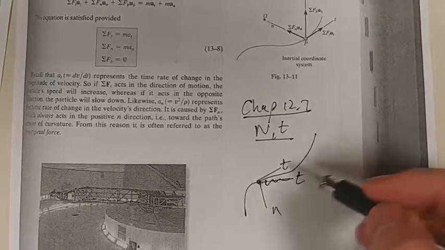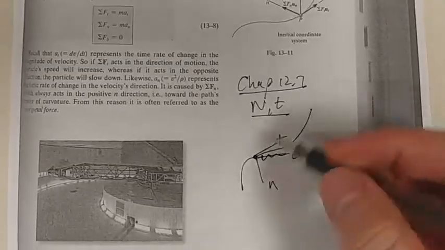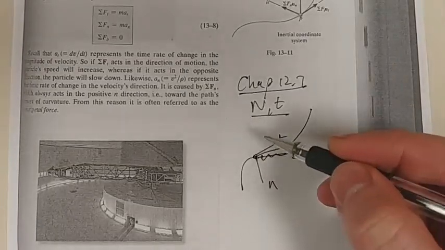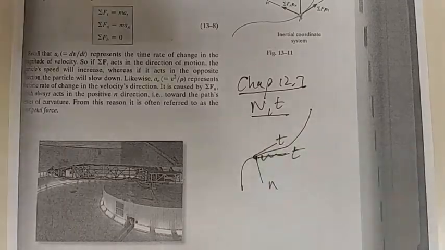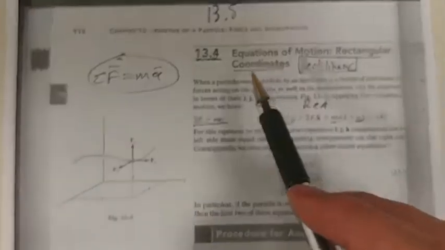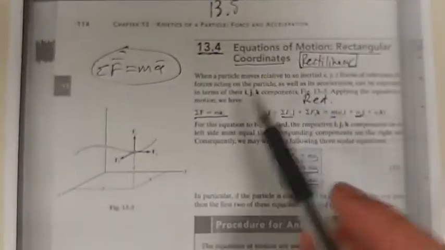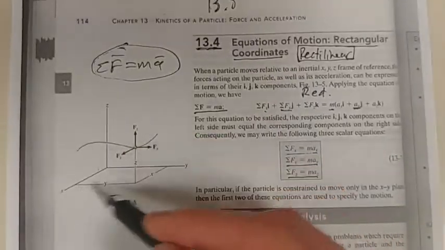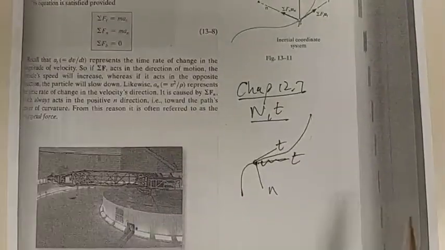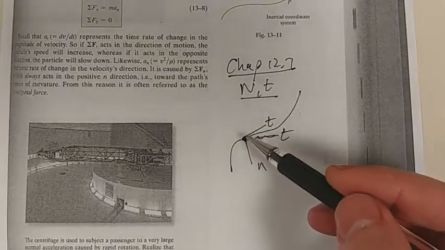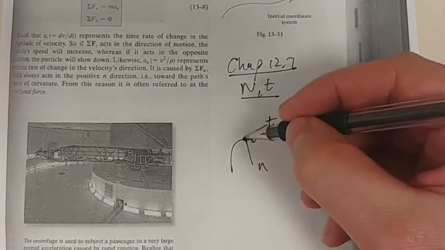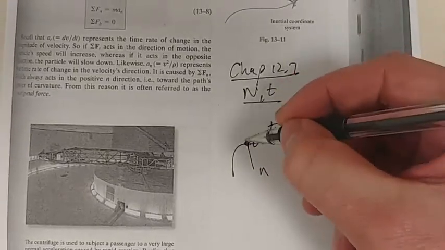But what we didn't take into account here was the third axis. So recall with the rectangular coordinate system, you've got the XYZ axes, right? Well, what's the third axis here? The third axis is the binormal direction.